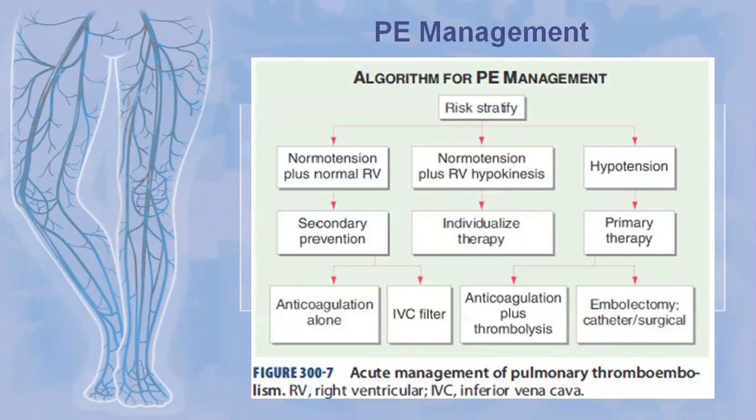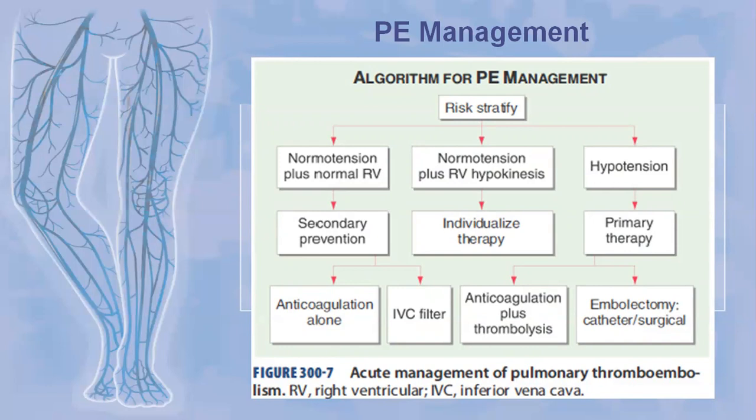Here's an algorithm for pulmonary embolism management. You have to risk stratify. You classify it as normotension plus normal right ventricle, normotension plus right ventricular hypokinesis, and a patient who has hypotension right away or hemodynamic instability. For normotension plus normal right ventricle, you may initiate secondary prevention.